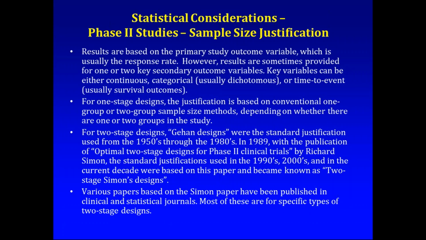And those variables can be of different types. They might be continuous, like say a serum measurement or an external measurement that was taken on a patient with a measuring device. And they might be categorical, which would be like a yes or no type of measurement, or a time to event measurement, and that would be the different survival outcomes like progression-free survival and overall survival.